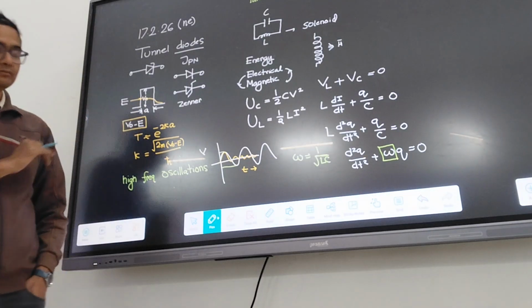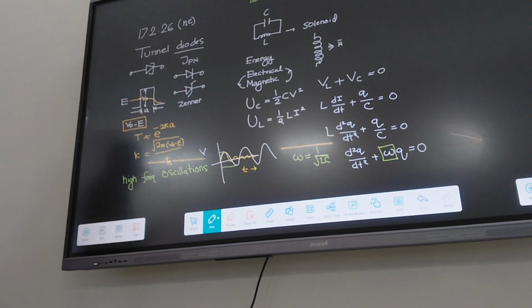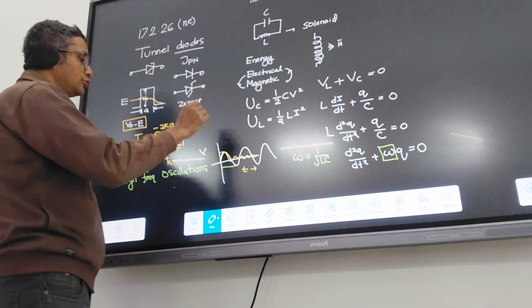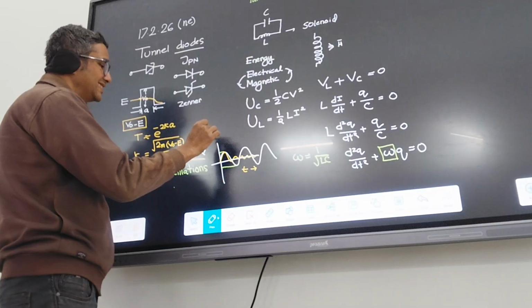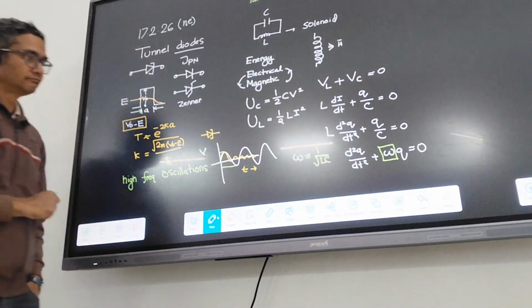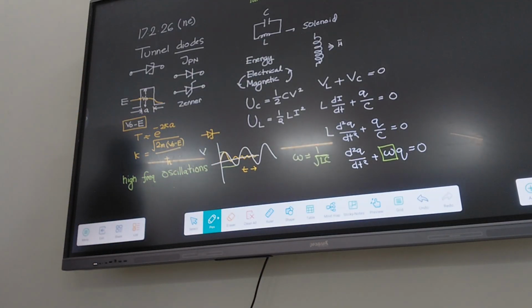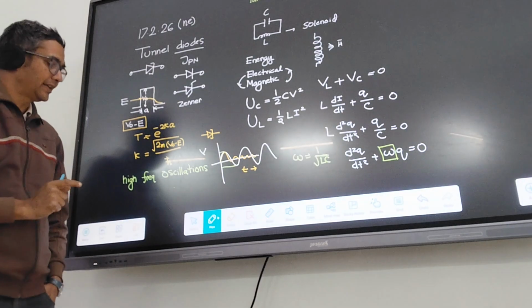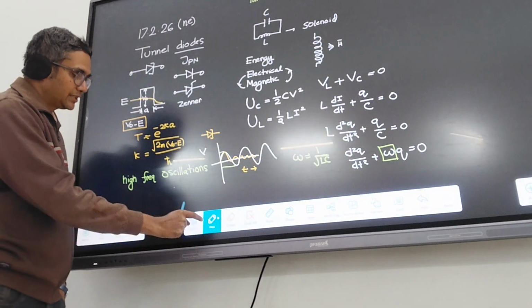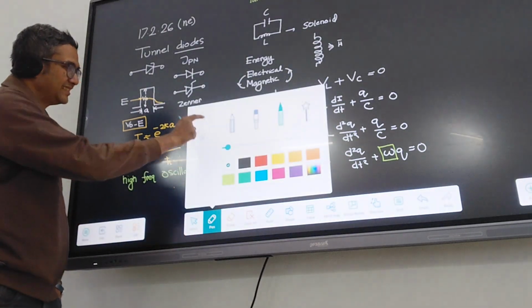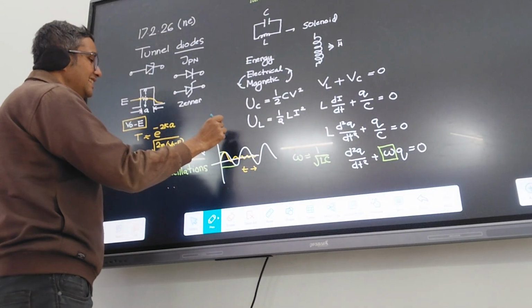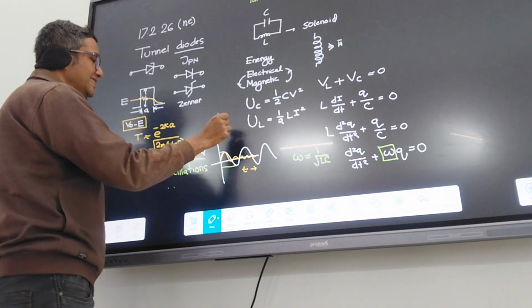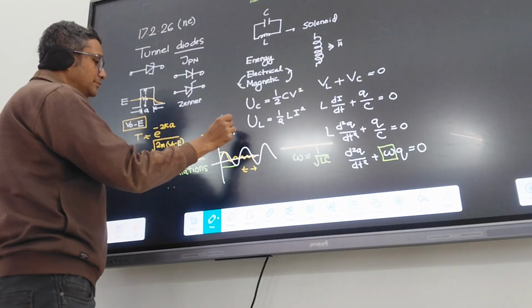To avoid this sort of decay, we associate a tunnel diode with this. Why do we associate a tunnel diode? Because a tunnel diode has a property which is called NDR.